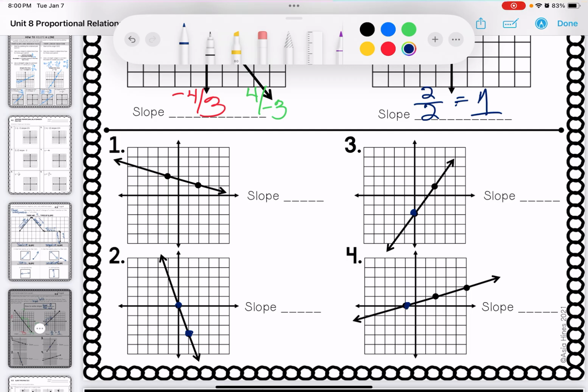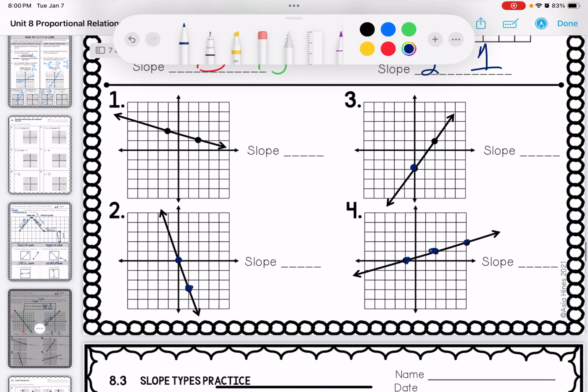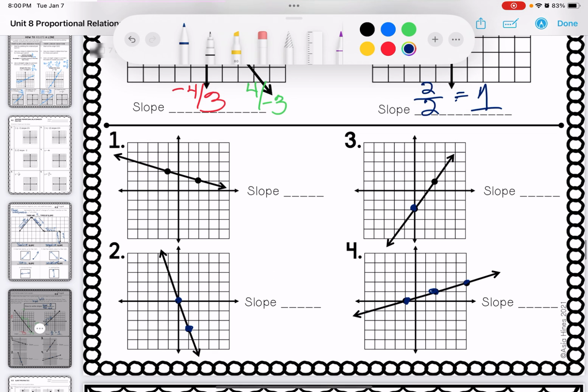I start here. Up like an airplane. Yep. So I know that my slope is going to be positive. All right. And, well, now I guess I can go ahead and do, let's try this one.